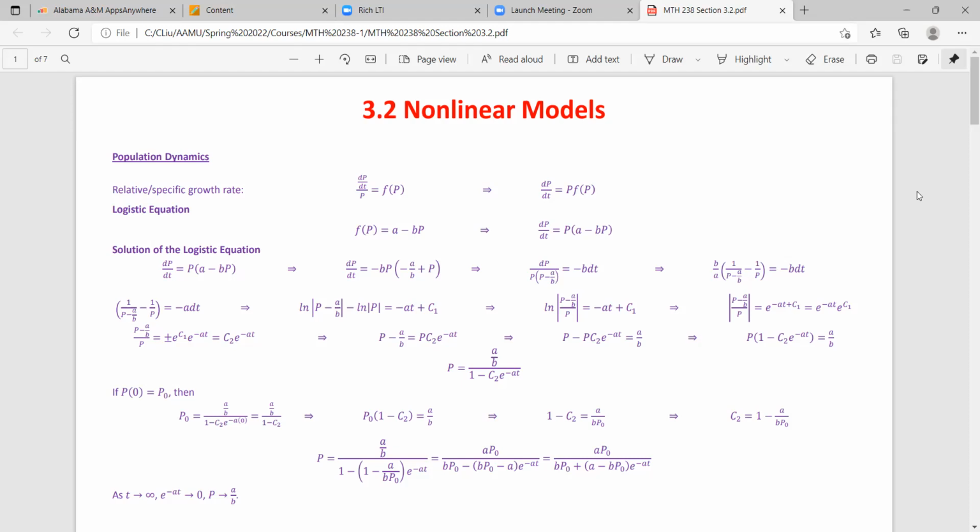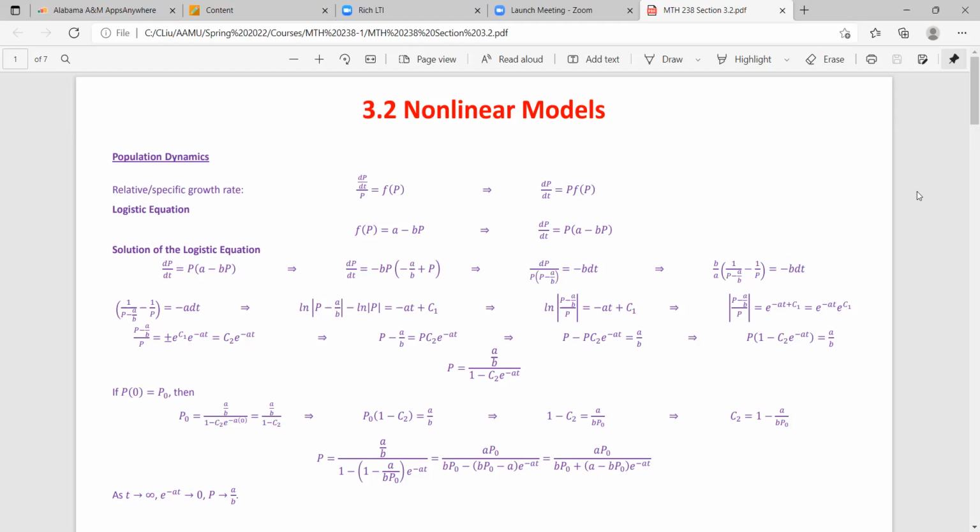So you have different factors affecting the growth of population. So the constants a and b are both positive, and a indicates the birth of the population, reproduction, okay, and b is a factor affecting the growth of population by competition.